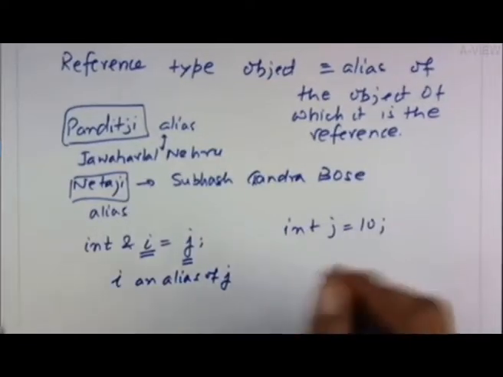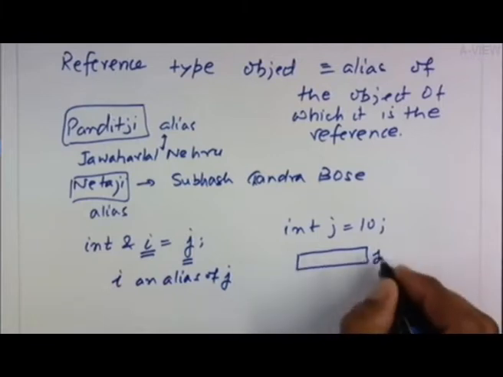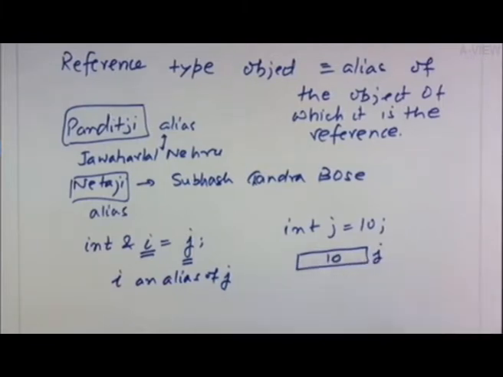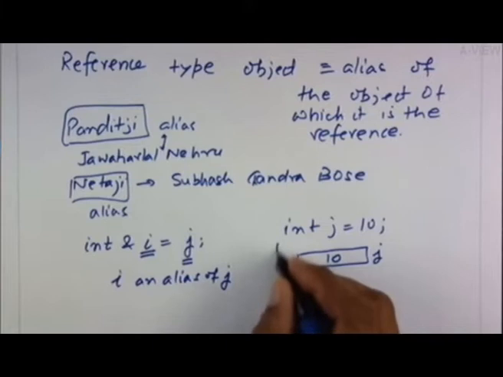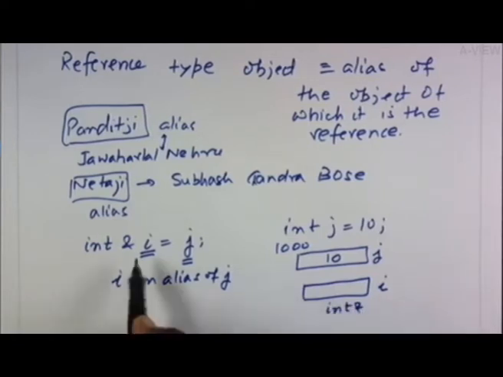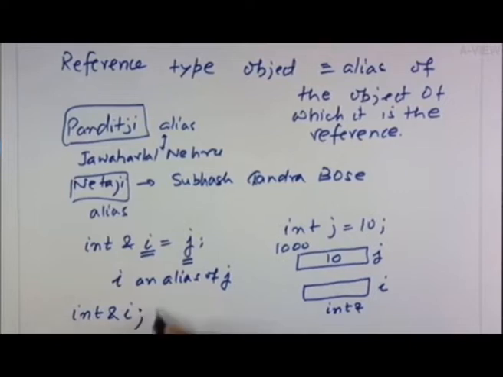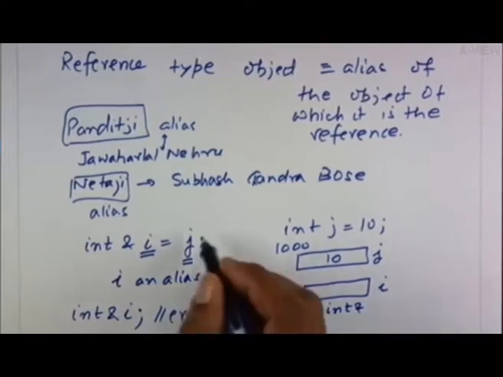So now let me give you the secret inside. So this is j, the value is 10, and let's say j's address is 1000. So here is a new object created, I, whose type is int and it's a reference. And you cannot create a reference without giving the object of which it is an alias. In other words, int ampersand I semicolon is an error. You cannot create an alias without telling me who is the original object.